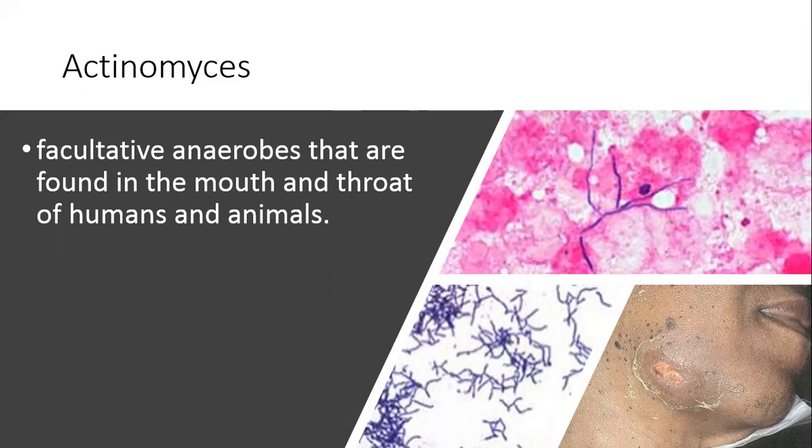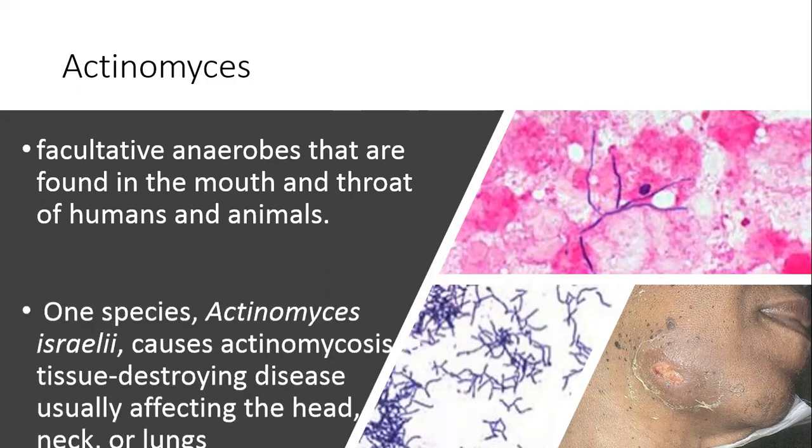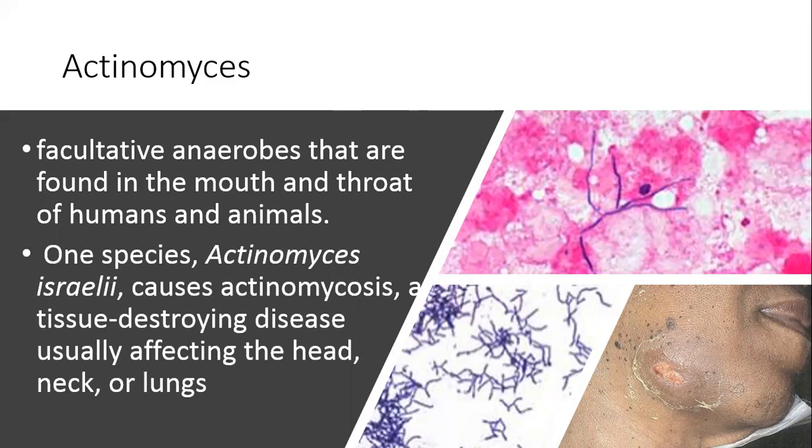One of its species, Actinomyces israelii, causes an infection known as actinomycosis, which is a tissue destroying disease. It usually affects the head, neck, and lungs, and this is how actinomycosis looks. Here it is shown in the filamentous structure within the cells, under a microscope.